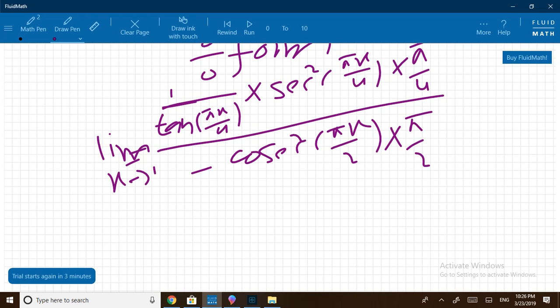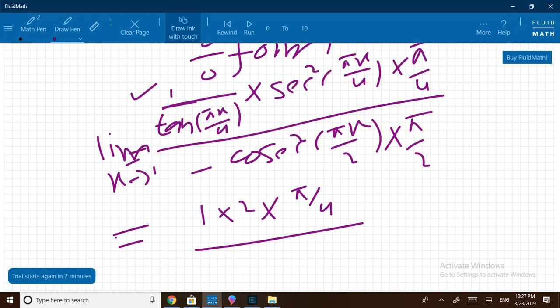It is not 0 divided by 0 form anymore, so I am applying the limit over here. 1 over tan(π/4), which is 1, multiplied by secant square(π/4). Secant is 1 over cos(π/4), and cos(π/4) is 1 over root 2, and since it is square, it will be 2, multiplied by π/4.